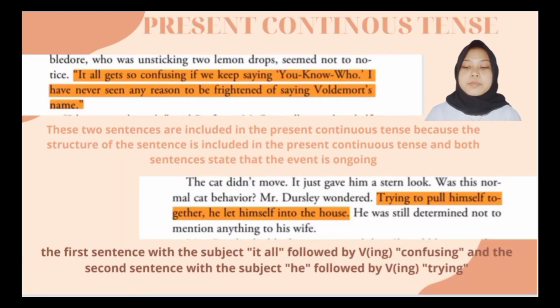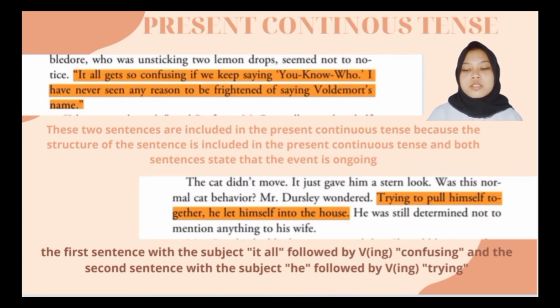The next is present continuous tense. The first sentence is: It all gets so confusing if we keep saying You-Know-Who. I have never seen any reason to be frightened of saying Voldemort's name. And the second sentence is: Trying to pull himself together, he let himself into the house.